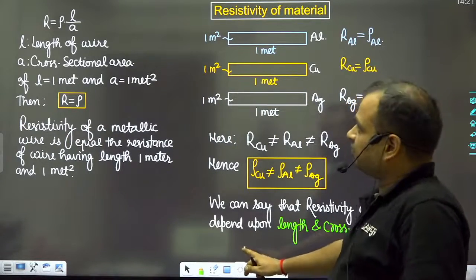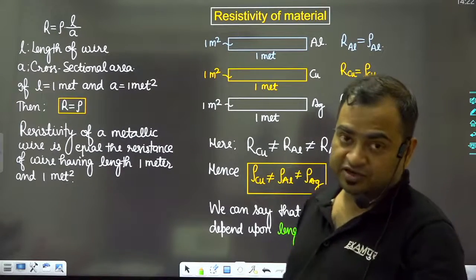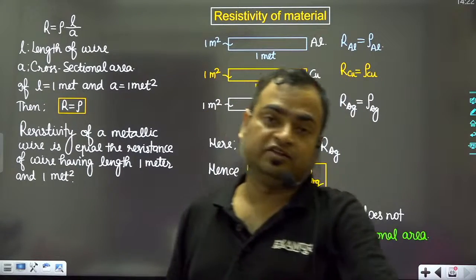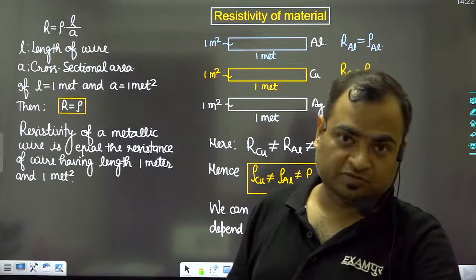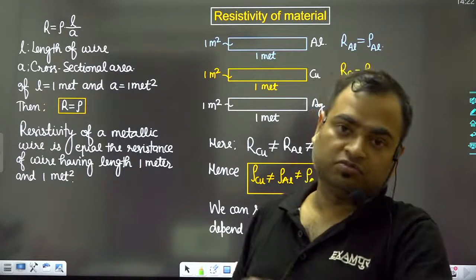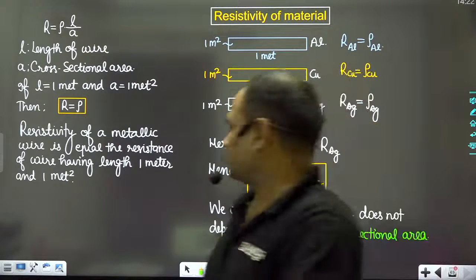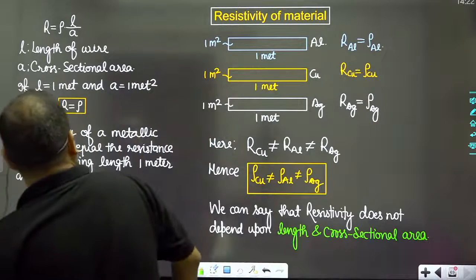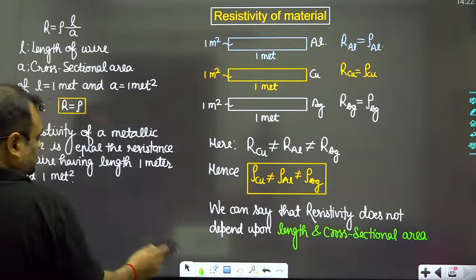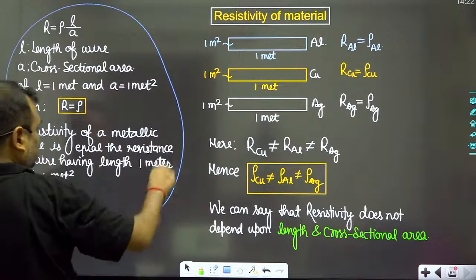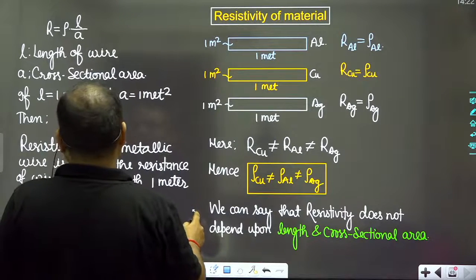So I have proved that resistivity of any material does not depend upon the length of the wire and cross sectional area of the wire. It depends only on the nature of the material and the temperature. Okay, and this depends upon temperature also. Actually, this is the formula of resistivity.